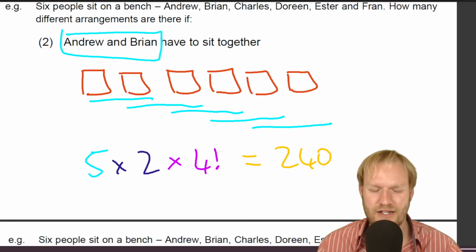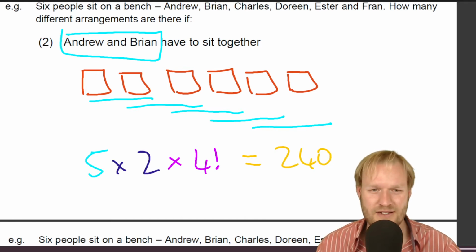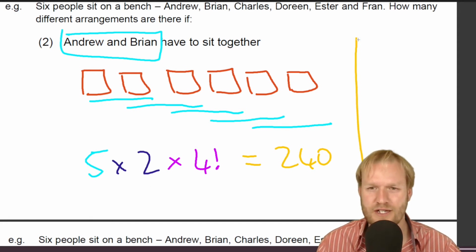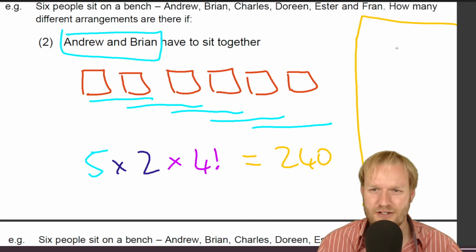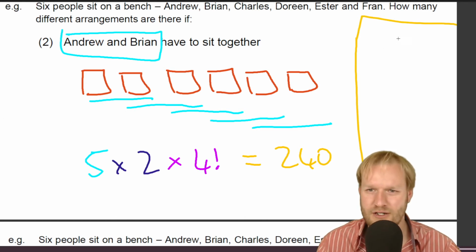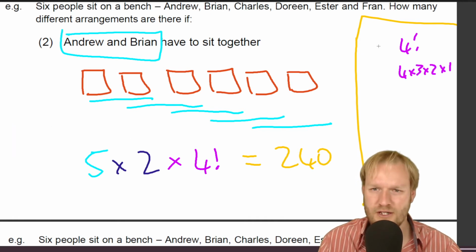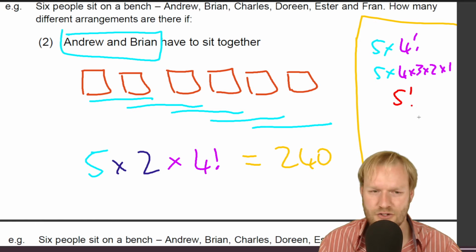Now, if I was feeling like a real big fancy pants, and we don't really need this at this stage, I might recognize, just as a quick aside because it's interesting enough, that 4 factorial is 4 times 3 times 2 times 1. And if we multiply that by 5, what we really just got is 5 factorial.